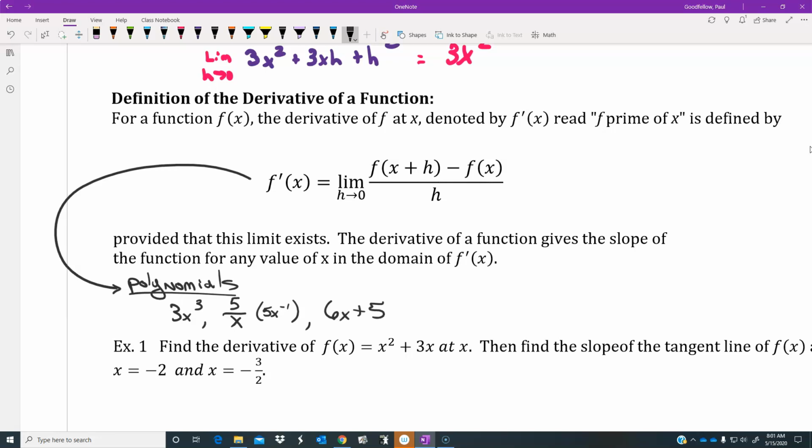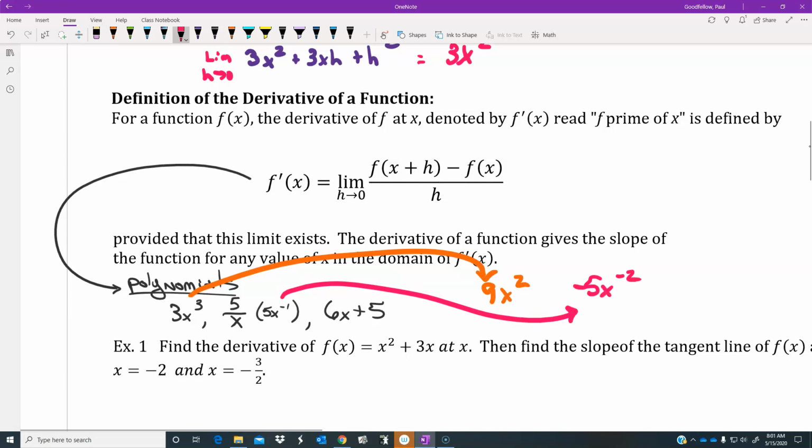Let me give you a basic ballpark deal here: for each one of these, I could find the derivatives relatively quickly. This one's derivative is 9x squared. This one's derivative, in a different color, is negative 5x to the negative 2. And last but not least, this one's derivative is 6.